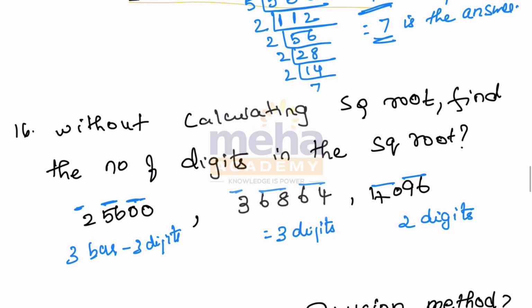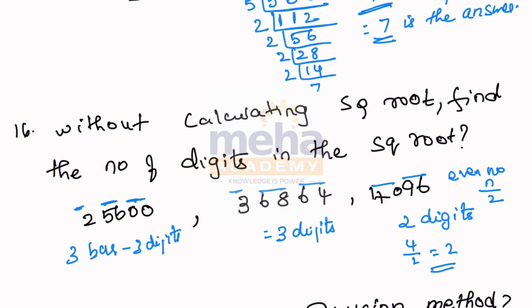Or the formula given is, if the number of digits is an even number, then the formula is n over 2. So 4 digits, 4 over 2, answer is 2. If it is an odd number, just look at the last digit.